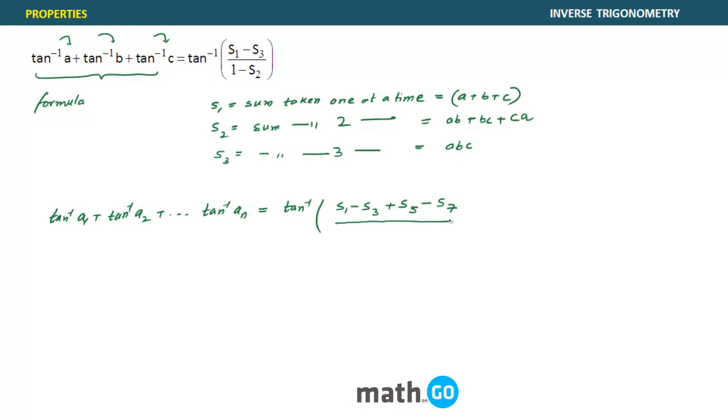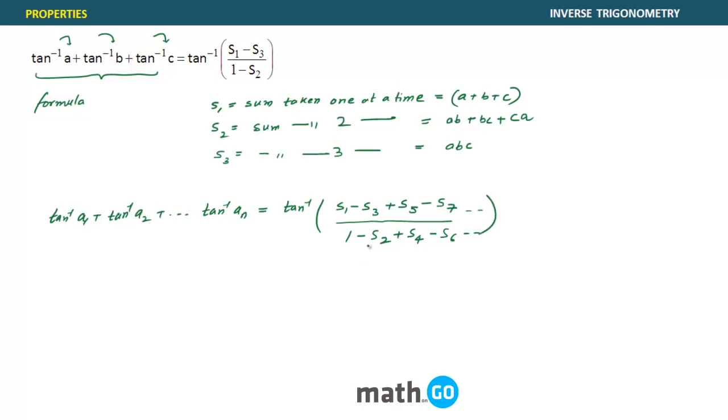Similarly in the denominator, 1 minus S2, then plus S4, then minus S6, and this is how the series will go on. This is how this series actually works in n number of cases.